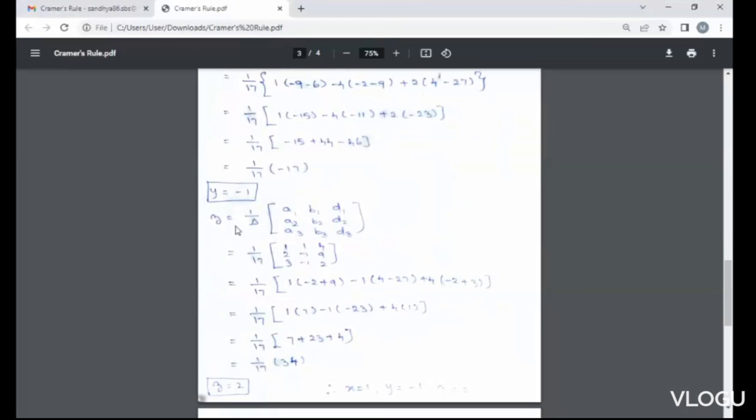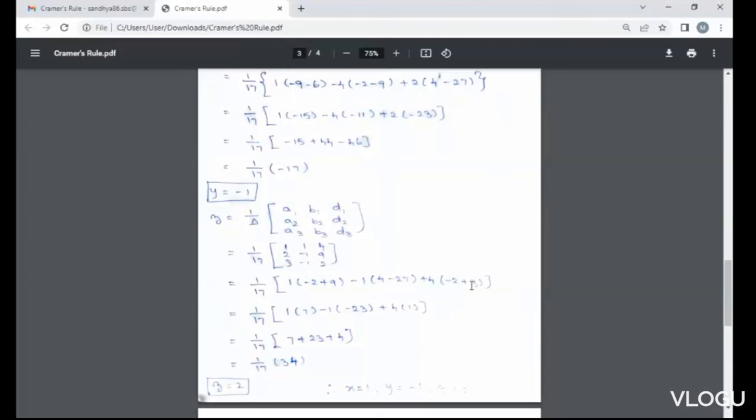Then z is equal to 1 by delta times of a1, a2, a3, b1, b2, b3, and the third column of delta is replaced by RHS values d1, d2, d3. So 1 by 17 times of 1 into minus 2 plus 9 minus 1 times of 4 minus 27 plus 4 times of minus 2 plus 3.